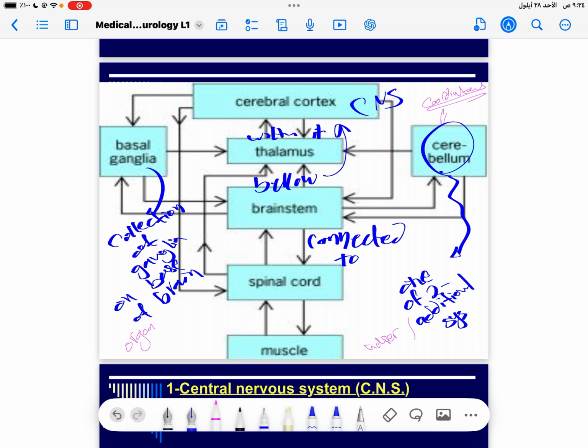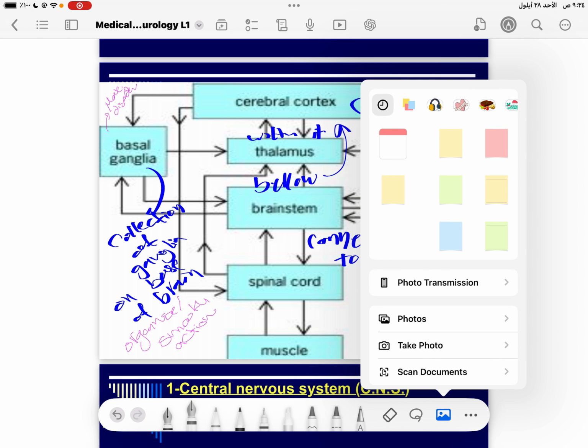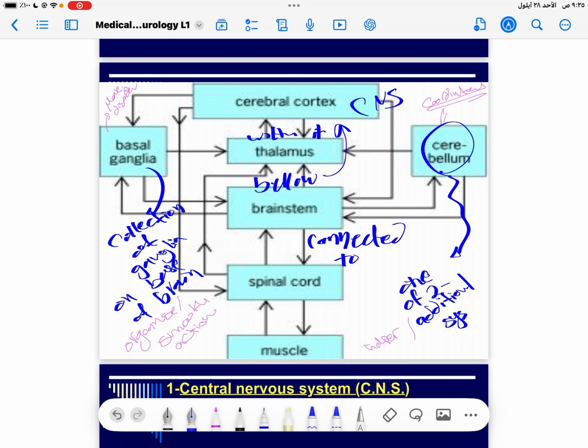And for the basal ganglia, probably tomorrow, we will have separate lectures about what we call movement disorders, which are related to the basal ganglia. So all the signals carried out in the central nervous system, from the brain, brainstem, spinal cord, then go to the peripheral nervous system. And that is the root, nerve, and muscle. Okay.